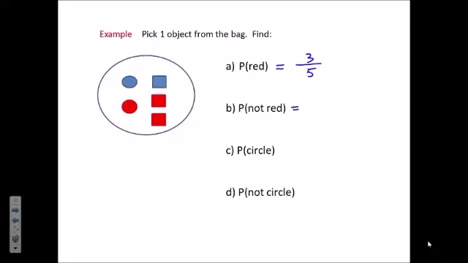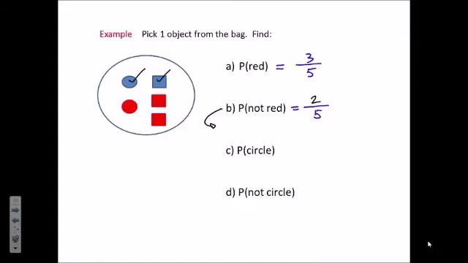Well, there are 2 ways to do this. Either by counting or the formula. There are 5 objects in the bag. Let me count how many are not red. These 2 are not red, 2 out of 5. Or I could have done it with the not rule.